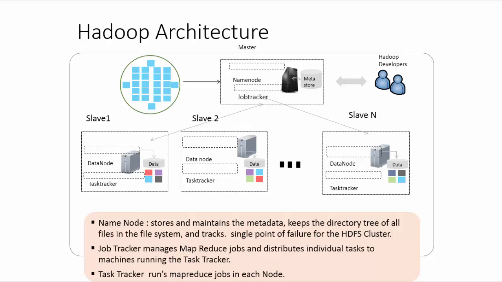There is one more important thing in this HDFS architecture. There is a concept of block replication, by default 3. Suppose in our case we have stored 1 GB of data that was broken down into 16 blocks. If you are going with the default replication factor, which is 3, that means your original copy, which is 1 GB broken down into 16 blocks, plus 2 copies of that data, 1 GB plus 2 GB.